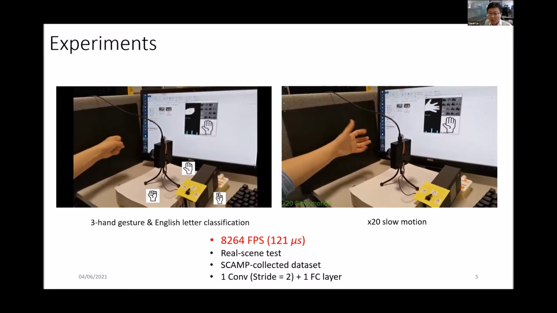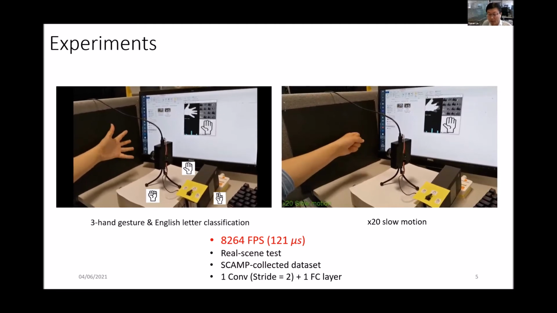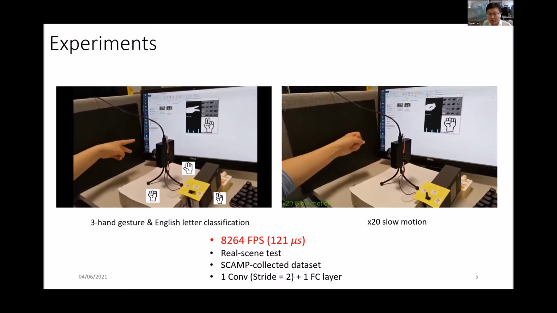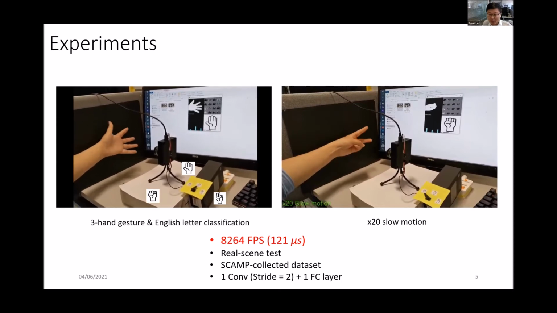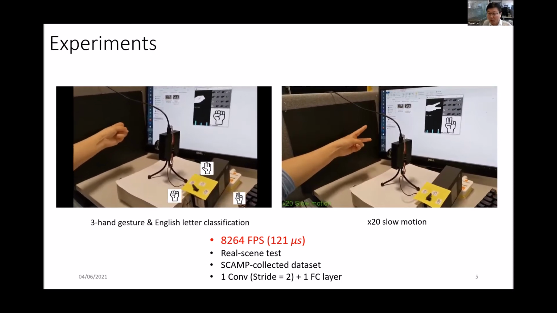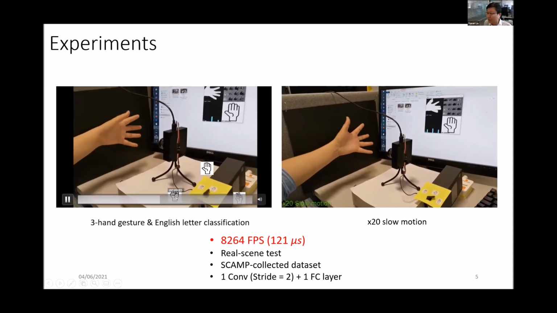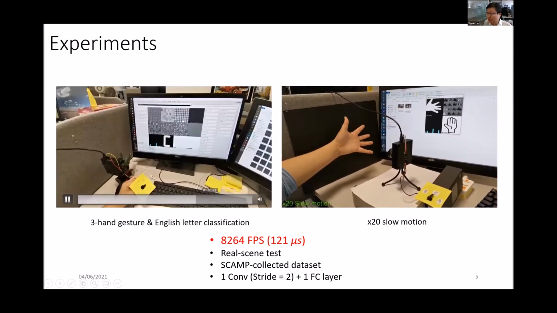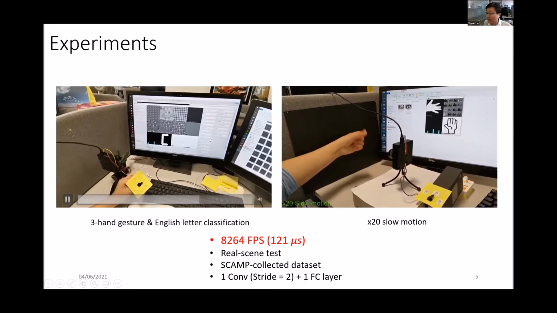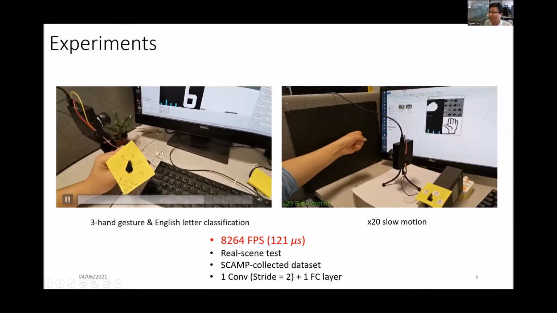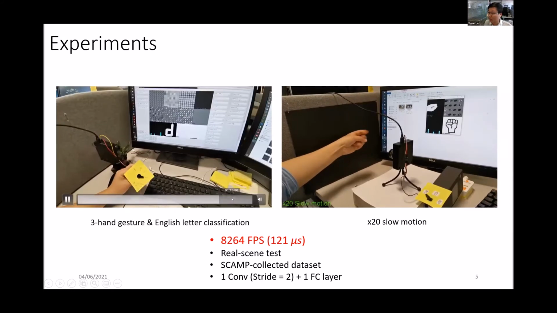Our network can operate with a latency of 121 microseconds from image acquisition to classification result available in the microcontroller. This is the 4-letter recognition example.